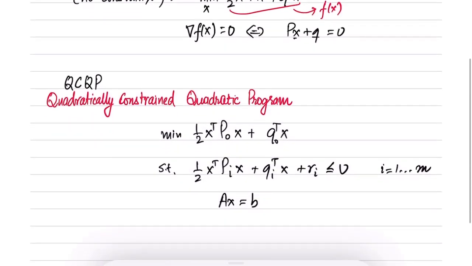In the same way, QCQP is convex whenever Pi are positive semi-definite. When P0 as well as Pi are all positive semi-definite, then this is convex. Affine equalities we are already allowing. So QCQP is convex whenever all of these Pi's and P0 are positive semi-definite matrices.